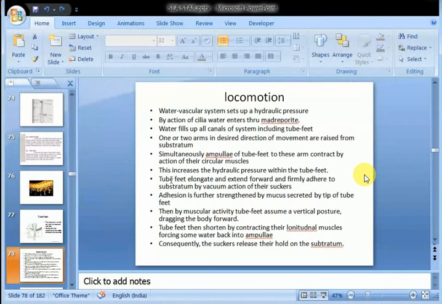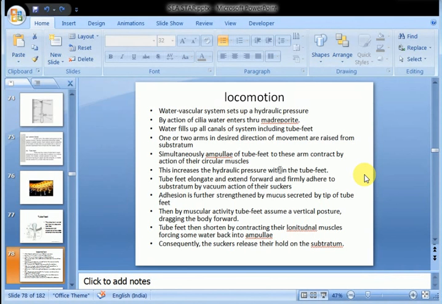So this increases the hydraulic pressure within the tube feet: elongate, extend, adhere. Adhesion is further strengthened by the mucus secreted by the tip of the tube feet. Then by muscular activity, the tube feet assume a vertical position once they are extended, and that drags the body forward.